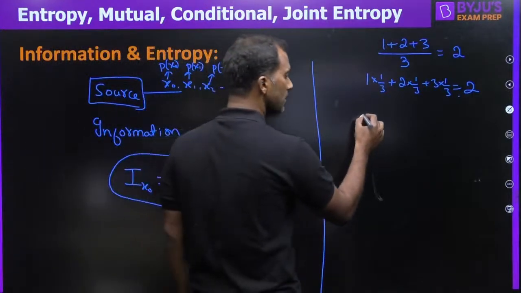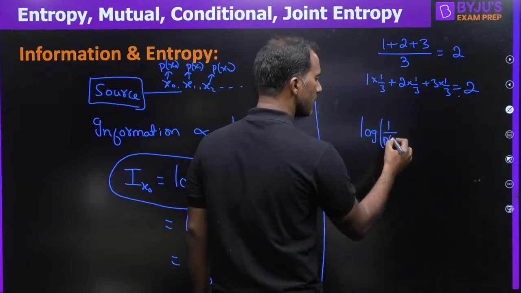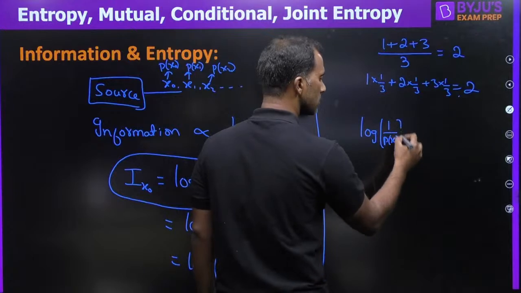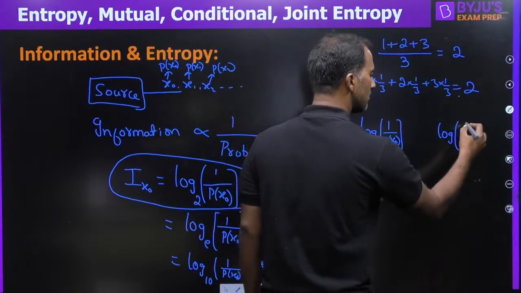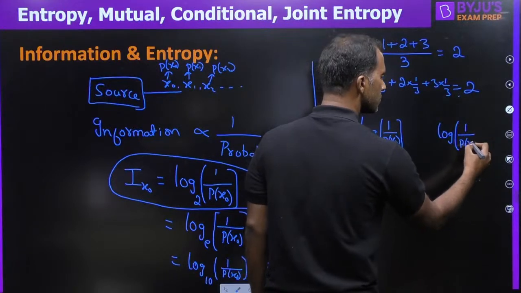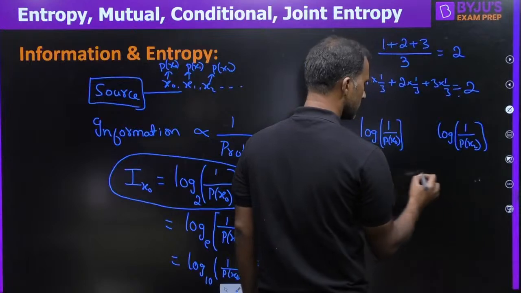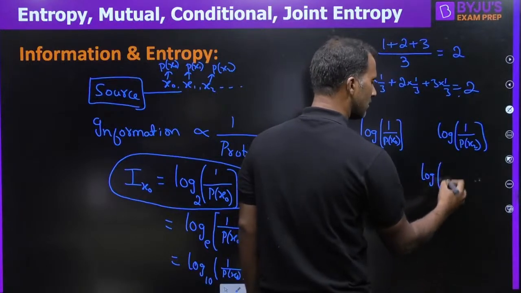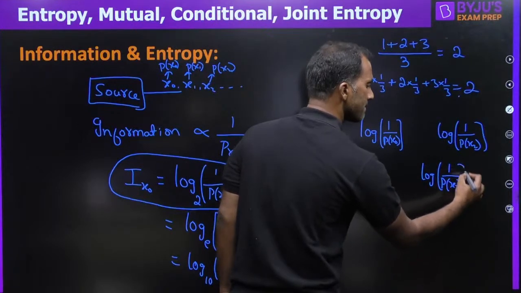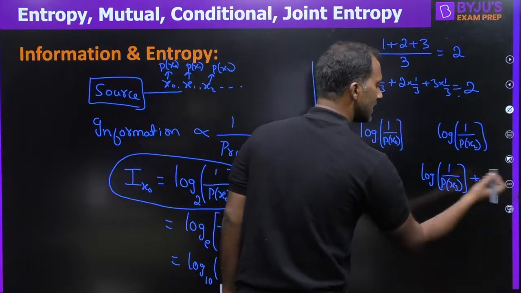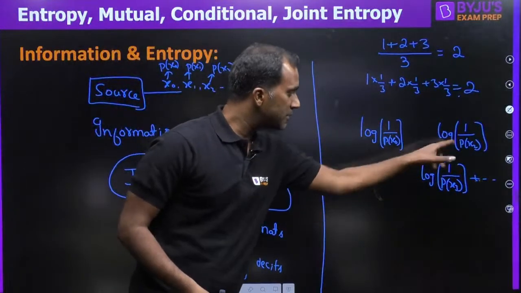The information in the first symbol is logarithm of 1 by p of x0, and information in the second symbol is logarithm of 1 by p of x2. Similarly, in the third symbol, logarithm of 1 by p of x3, and so on, for all symbols.